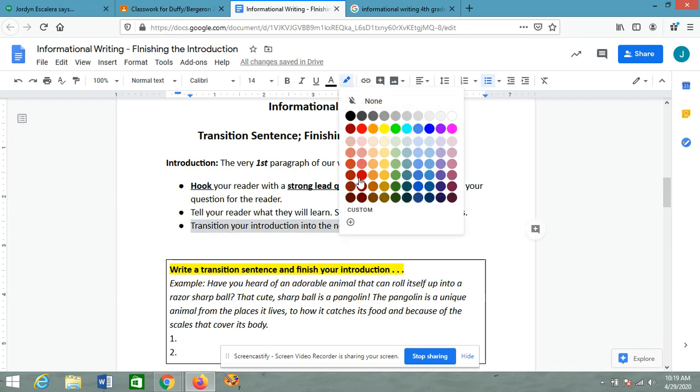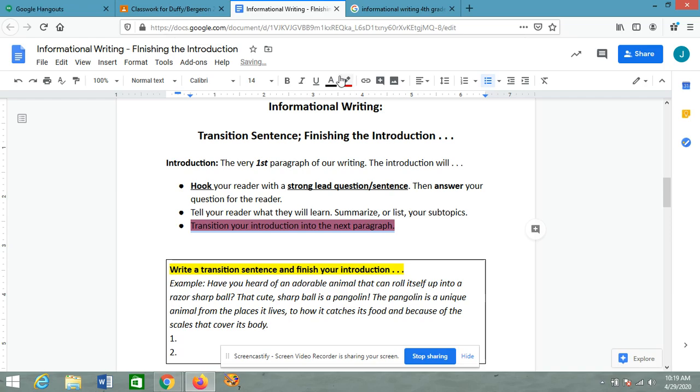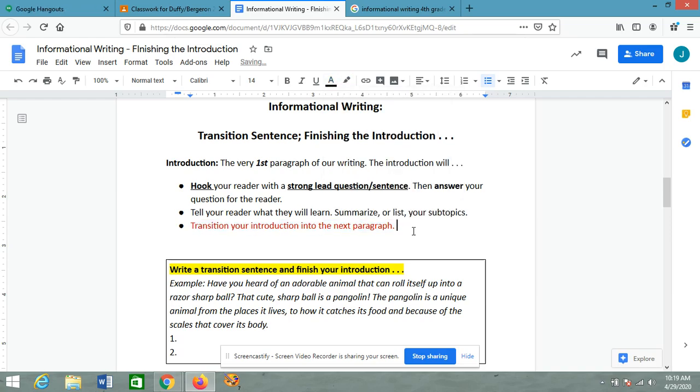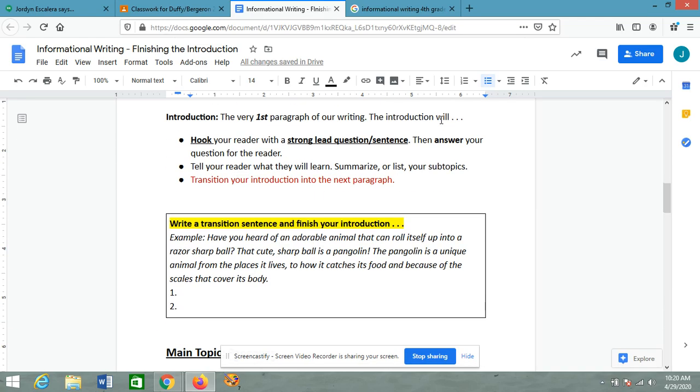We want to transition the introduction into the next paragraph. Think about it this way: if we made a present and we wrapped it with a bow, this is the thing that's going to make our introduction paragraph stronger because it's going to finish it.